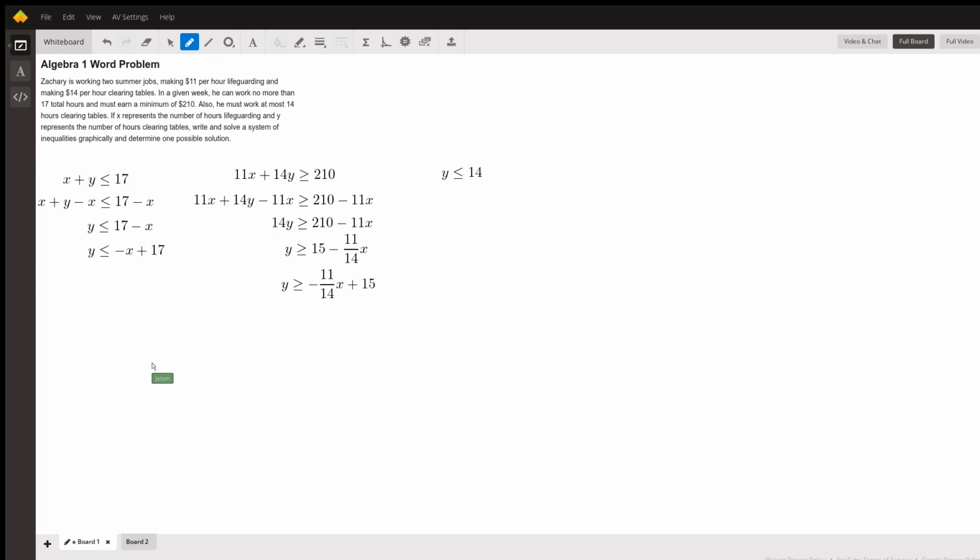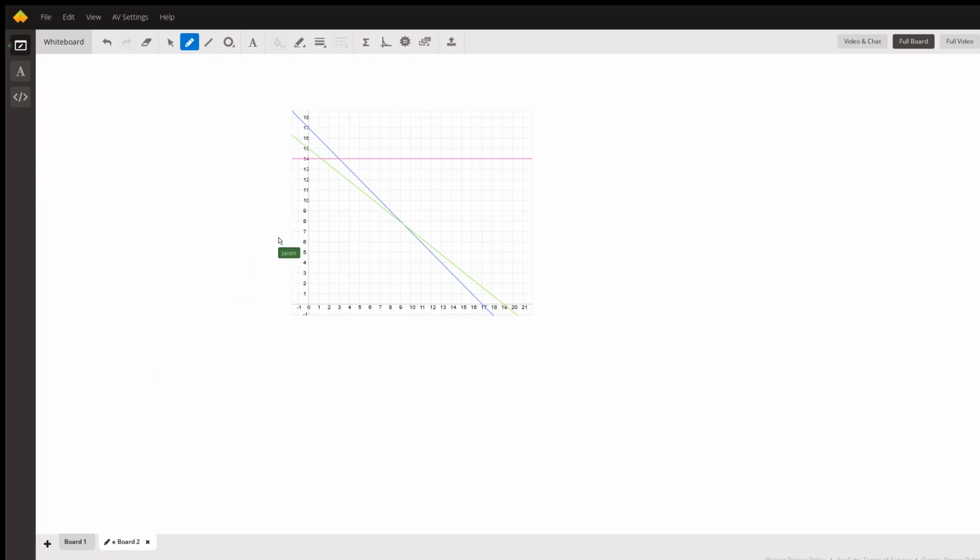As we go over to this other board here, what we did is we graphed equations only, not the inequalities. So really there should be shading on this graph. Unfortunately, it's not super friendly for that, but we're going to draw the shading in ourselves.